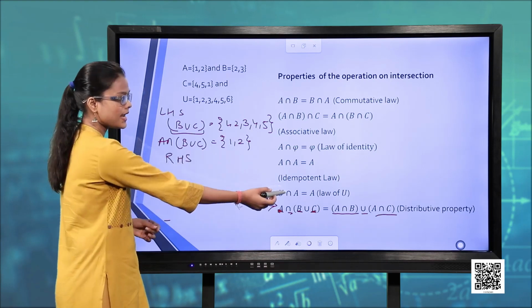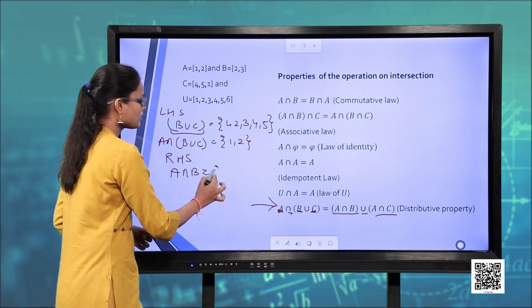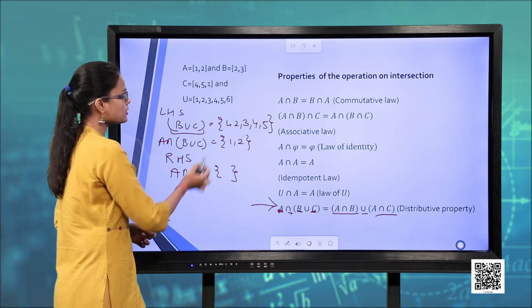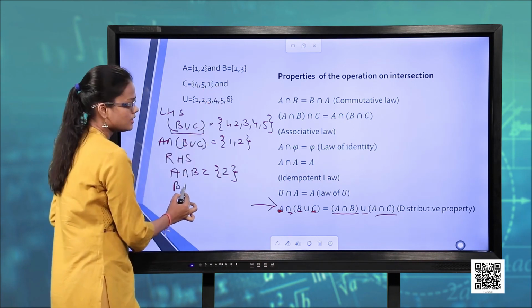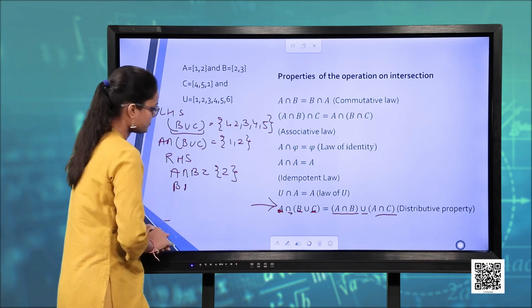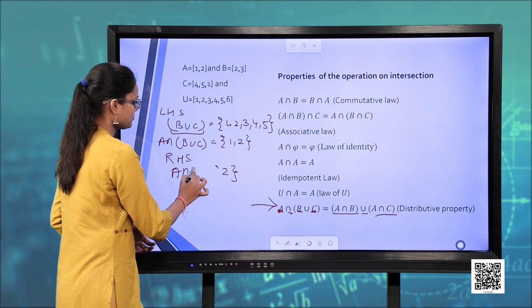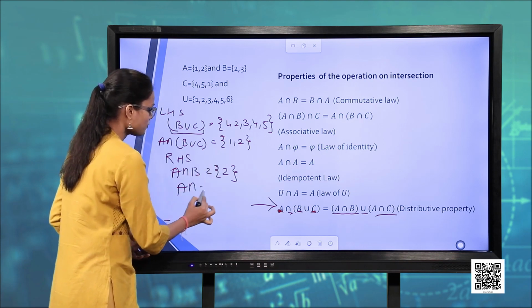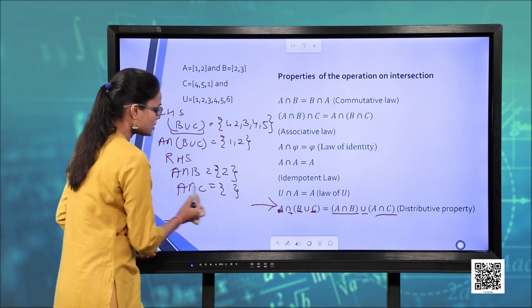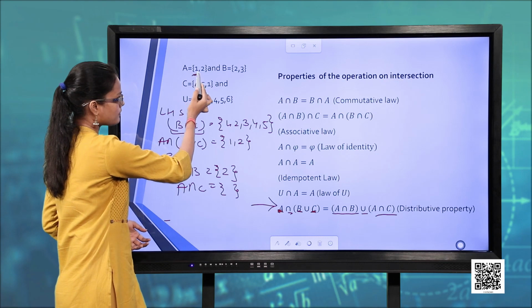RHS, A intersection B. How many elements are common in A and B? 1. Then, A intersection C. How many elements are common in A and C? 1.